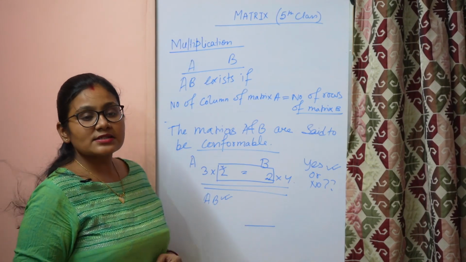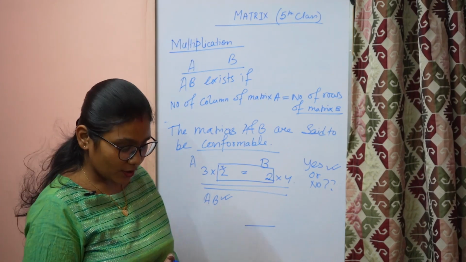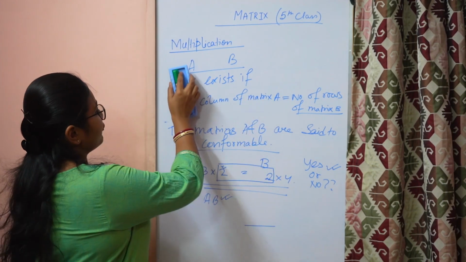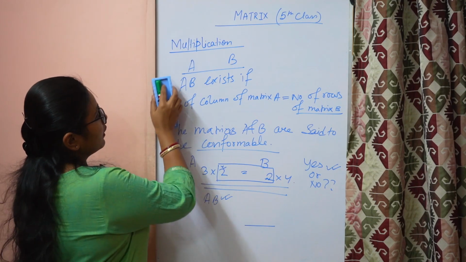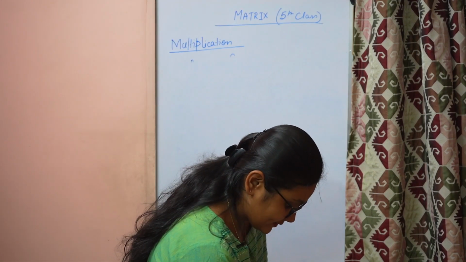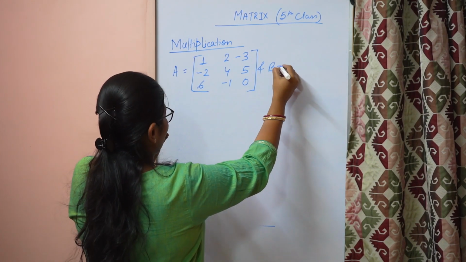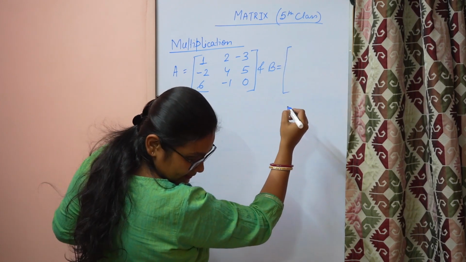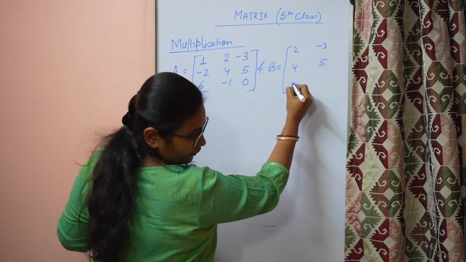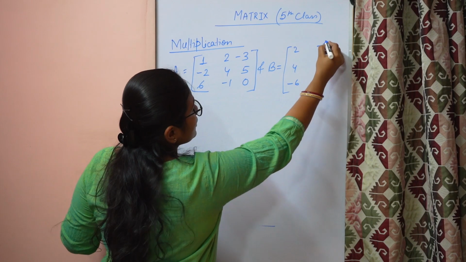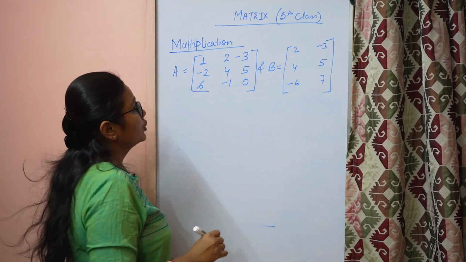Let's move to the process of multiplication. First we have to take two matrices. I am erasing this, hope it is clear to all. Now I am taking two matrices A and B. First we check whether the multiplication exists.